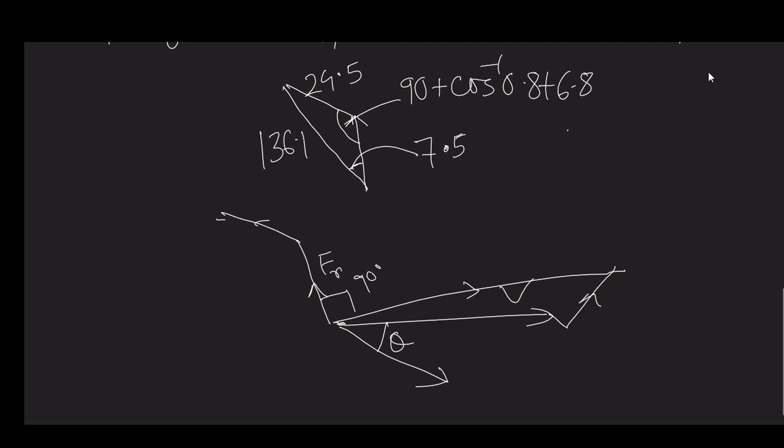This is your minus A, and this is your F naught or F, which is responsible for production of, let me use a different color.